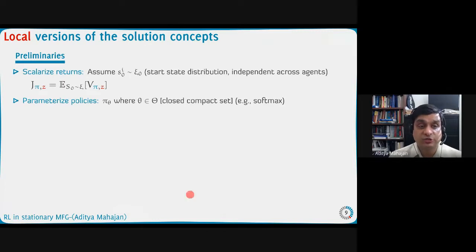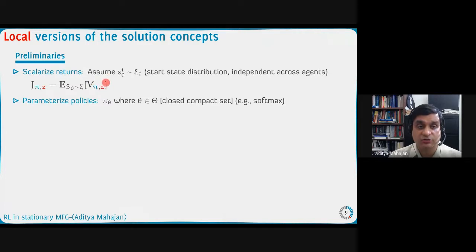So I'm going to assume, to simplify things, I'll scalarize the returns. So I'll assume that the initial state is distributed according to some distribution. This is the start state distribution, and this is independent across agents. And I'll compute a scalar return for a generic agent playing policy pi and assuming stationary mean field z as the expected return of the value function.